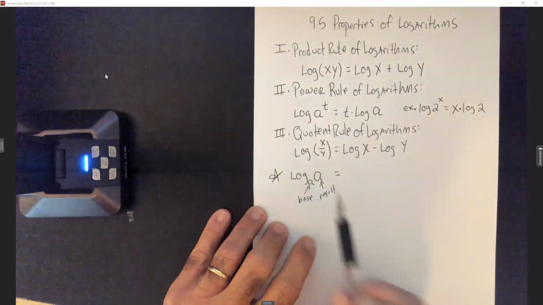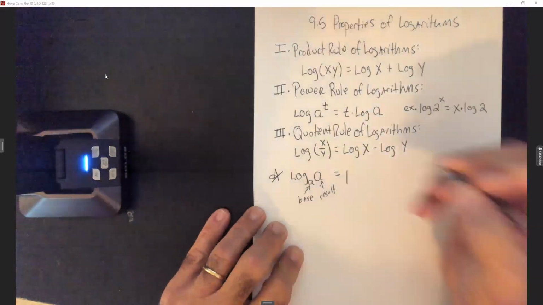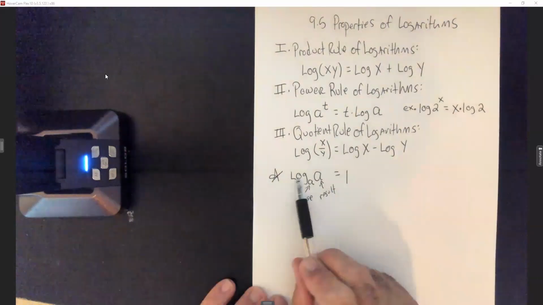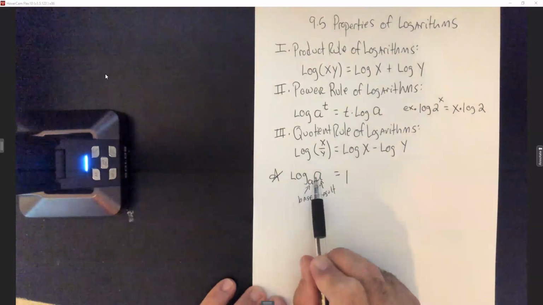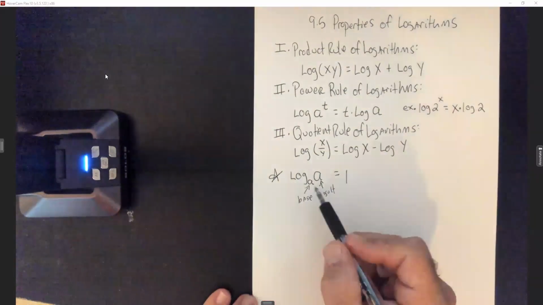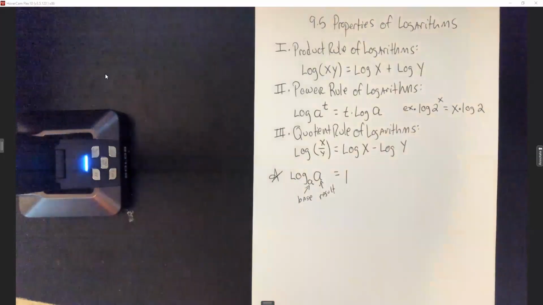Well, when this base matches that result, the only exponent would be a 1. So if you had a log base 7 of 7, that would equal 1. Log base 10 of 10 would equal 1, okay? Anytime those match, it equals 1.